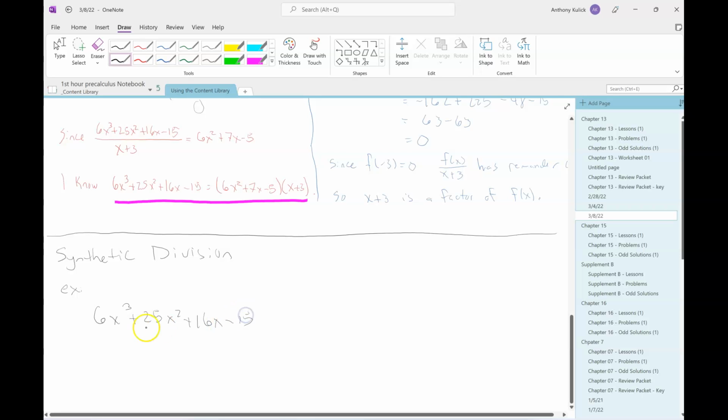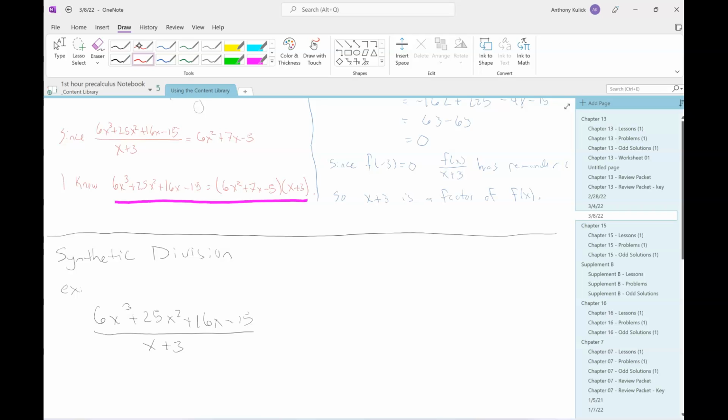And it's super, super, super critical that you're able to do synthetic division, because realistically, everything we do after this point in this chapter is going to be using synthetic division. If you cannot do this process, it makes the rest of the chapter kind of not much you can do with it. So you really do need to get good at this process and be able to do it quickly and accurately.